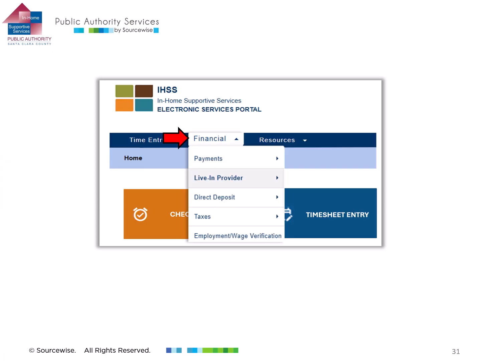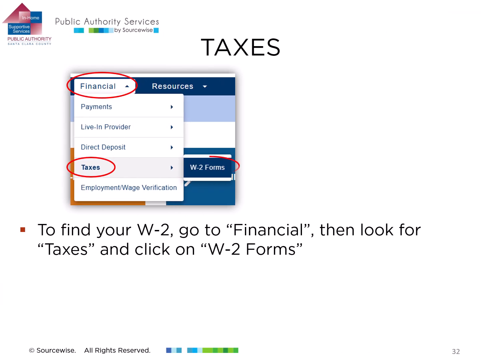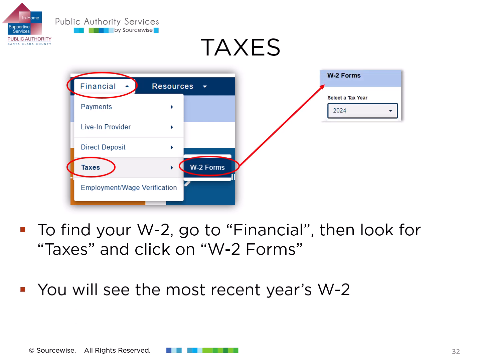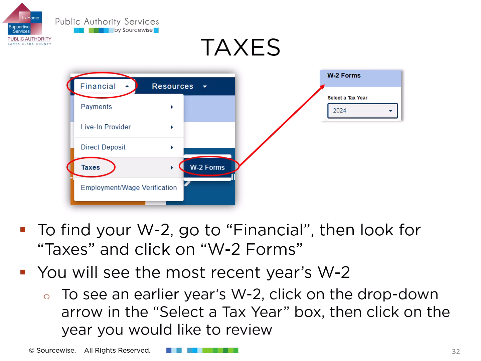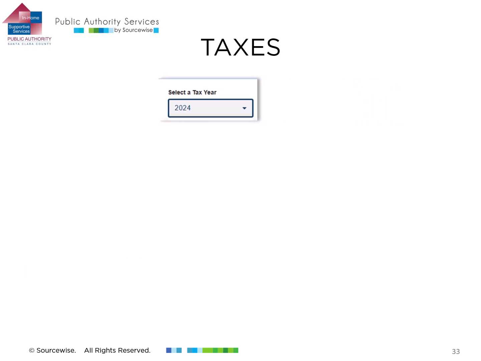Let's take a look at viewing your W-2s with the Taxes option. Clicking W-2 from the Taxes option from the Financial tab will show you the most recent year's form. To see earlier W-2s, click the drop-down menu in the Select Tax Year box and click the year you would like to review.